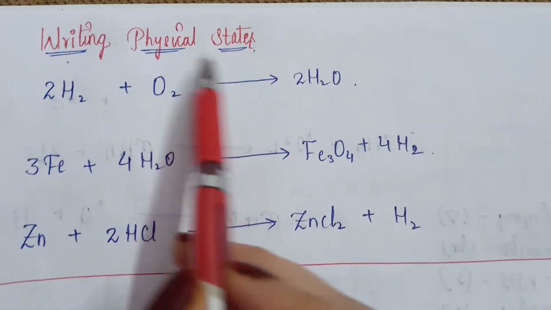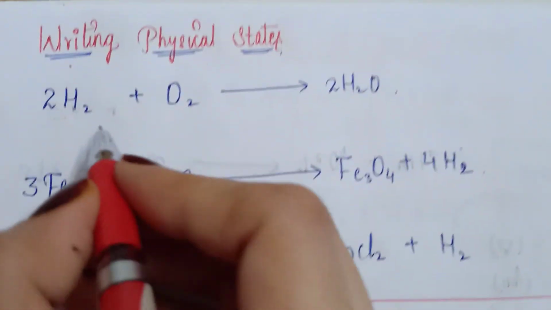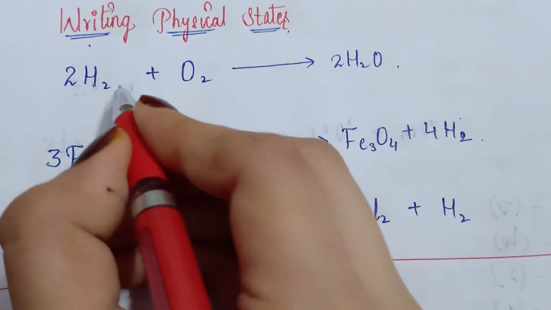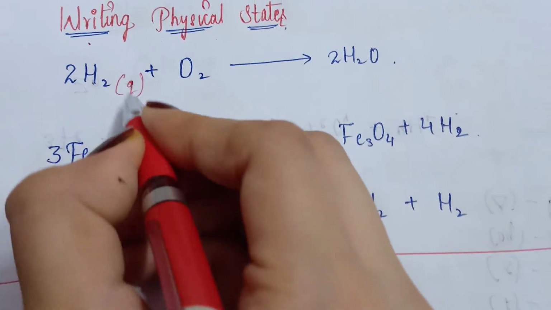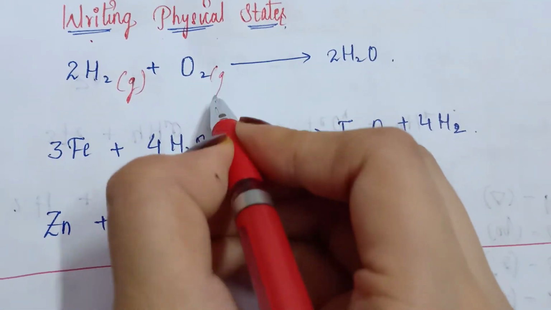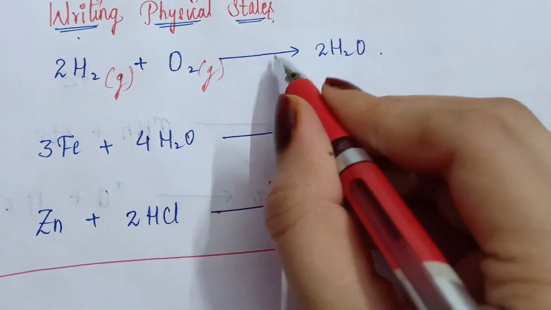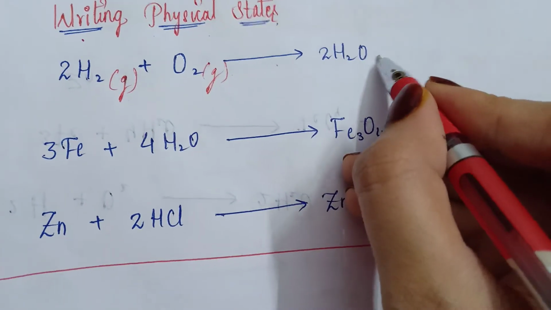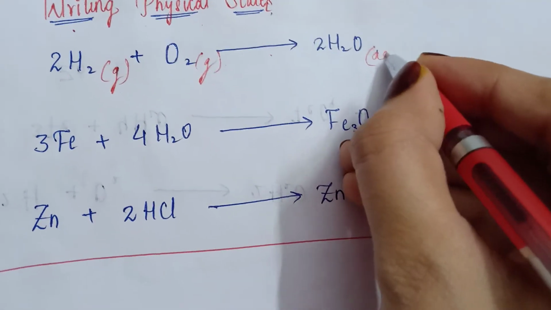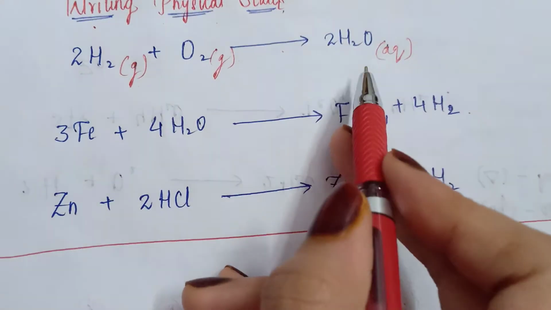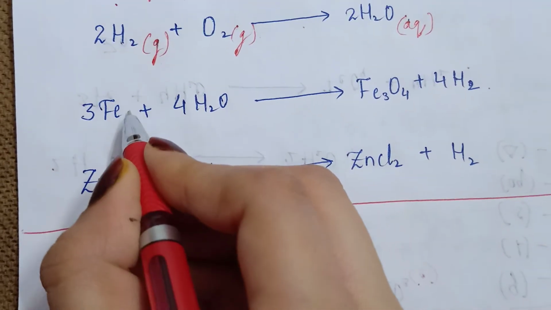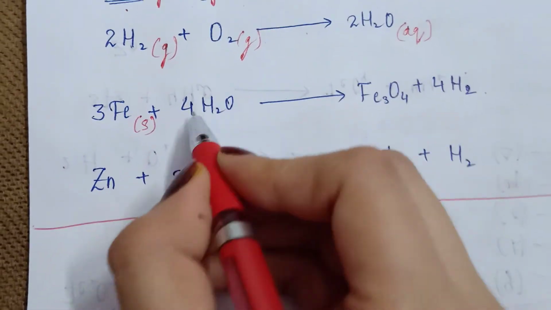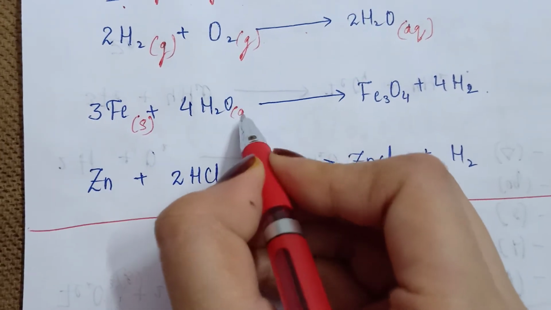So writing physical state to these equations: hydrogen is here in gas state, and oxygen is also a gas, but in the experiment it will give water, which is in aqueous state, okay. So here Fe is in solid state, and H2O is aqueous, right?